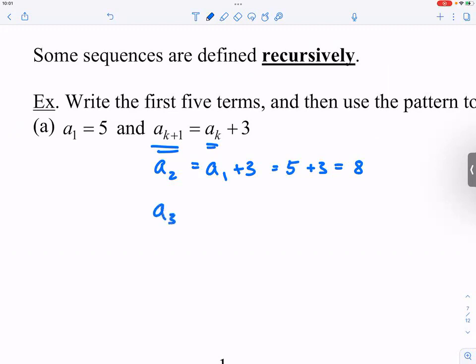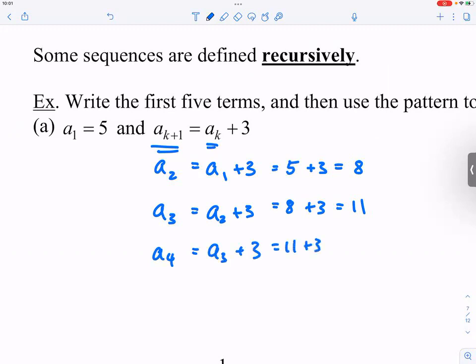And then we have A3, which is A2 plus 3. What's A2? It's 8. So 8 plus 3 is 11. You kind of feel what's coming already. So what's A4? The previous term plus 3.